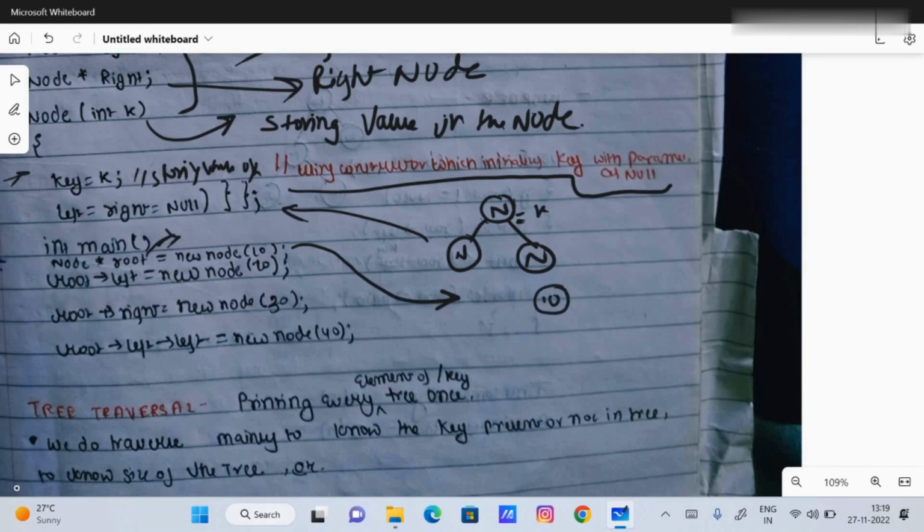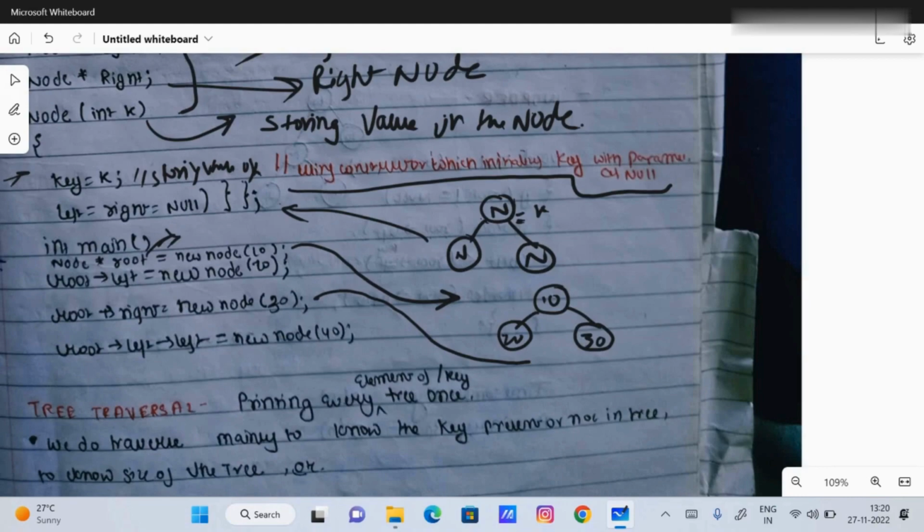Now root's left is equal to new node 20. So in the root's left, we have already created a node and we are storing the value 20. Thereafter, root's right is equal to new node 30. Now we are storing the value 30 in the right of the tree.